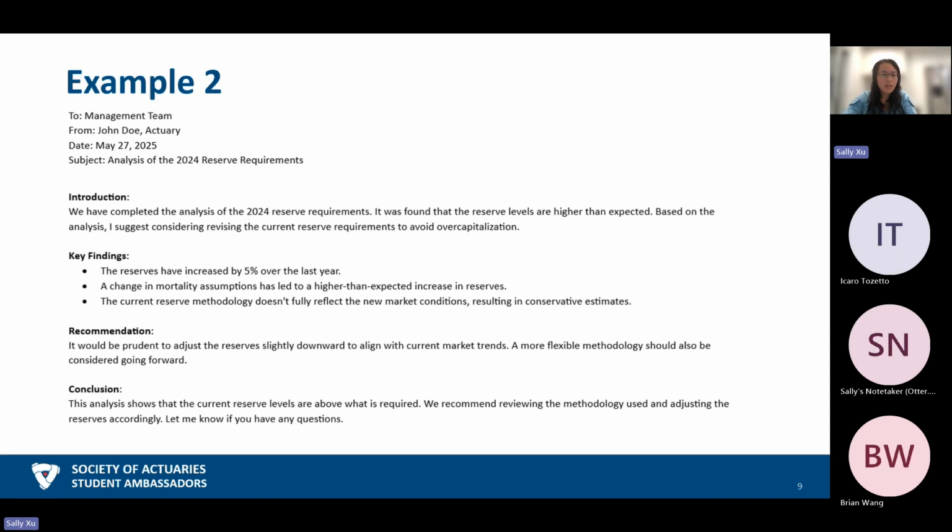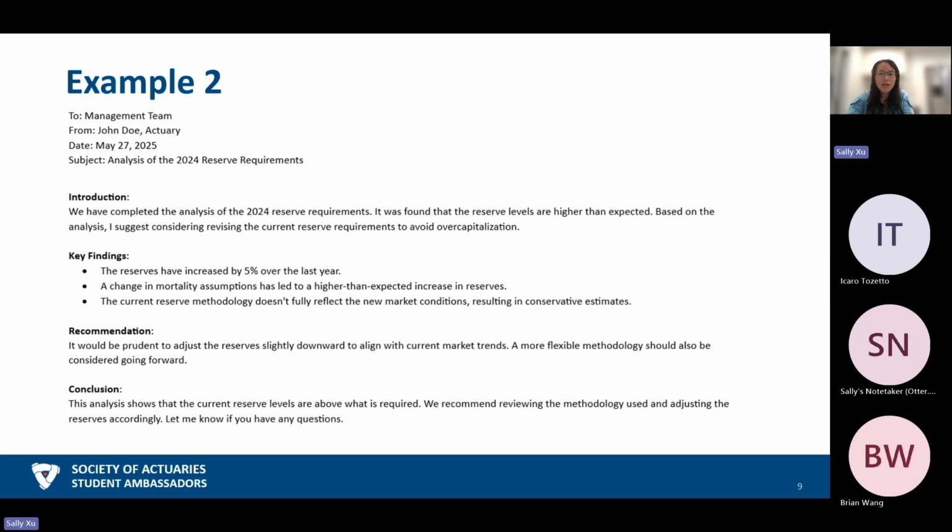Now, the last section here is the conclusion. This analysis shows that current reserve levels are above what's required. We recommend reviewing the methodology used and adjusting the reserve accordingly. Let me know if you have any questions. So what's good about it? It conveys everything that you need to do.